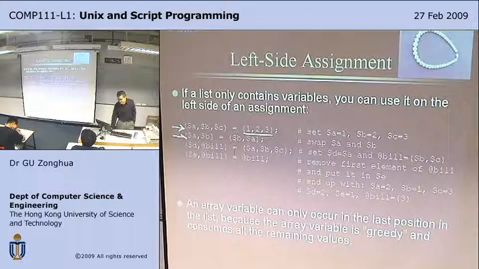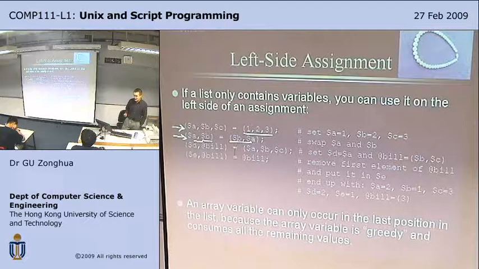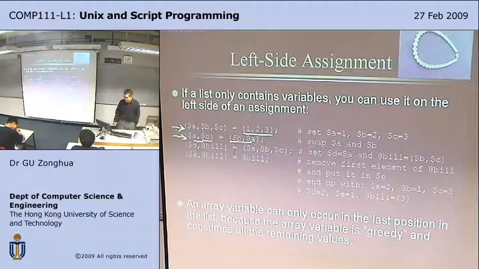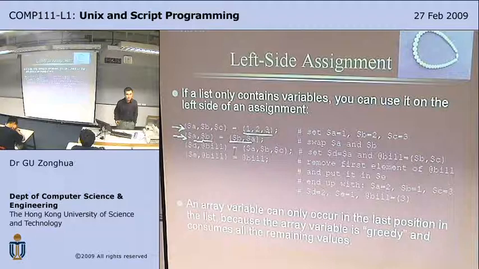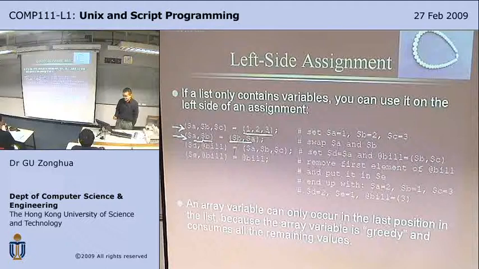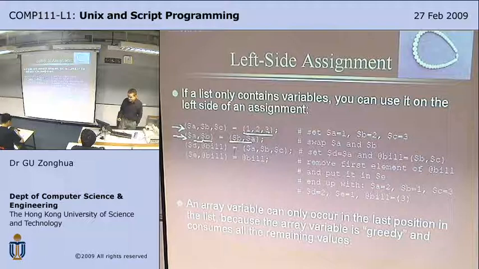This guy swaps A and B. By assigning B, A to A, B, A gets B's value, and B gets A's value. So this is a nice trick you cannot do in C++, right? If you want to swap two values, even in shell scripts and C++, you must have a temporary variable, assign A to a temp, assign B to A, assign temp to B, right? But here you can do this direct swap.